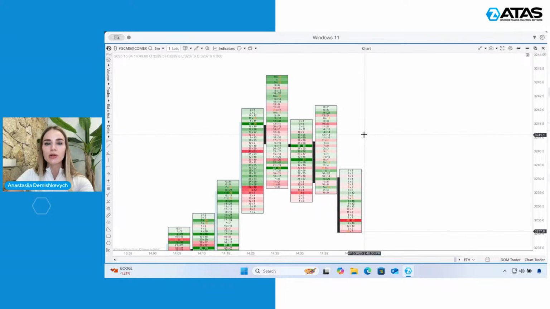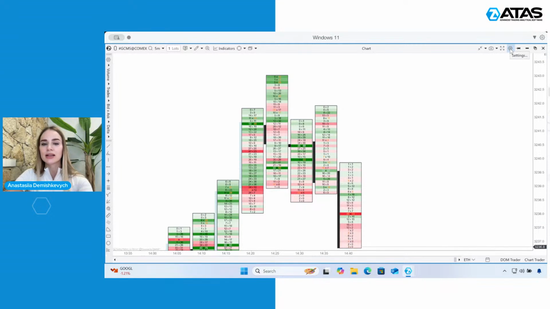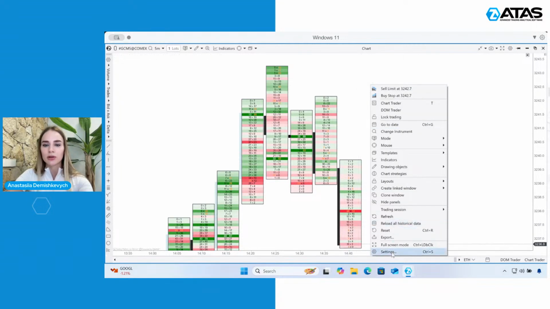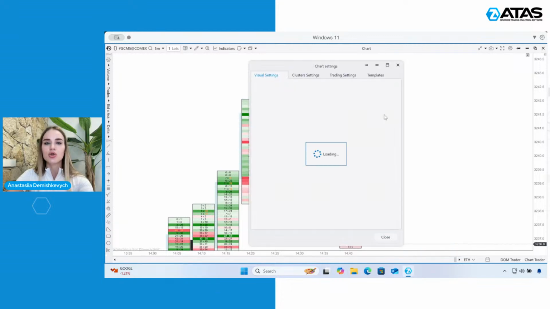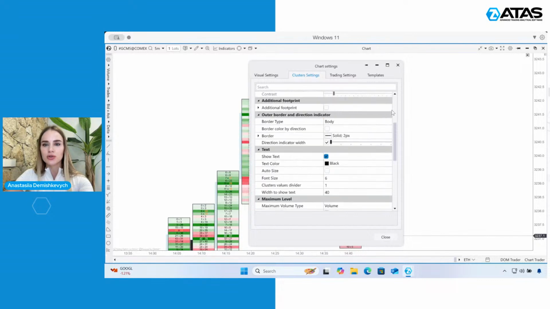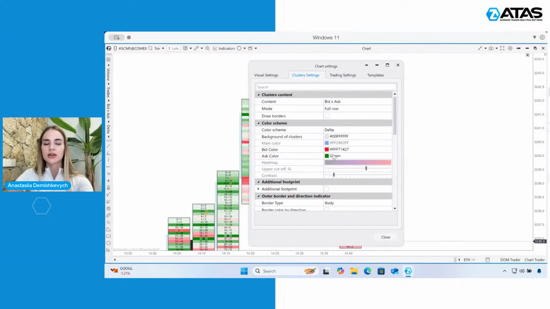And what I'm talking about can be found in settings. Settings can be activated in the right upper corner right here by clicking on the settings icon, or you can click on the background and you will be able to find settings in the new pop-up window. You go to the cluster settings, and right here, first of all, you can choose the colors of your footprint chart, because I know that for some people, the green and red clusters are kind of aggressive.